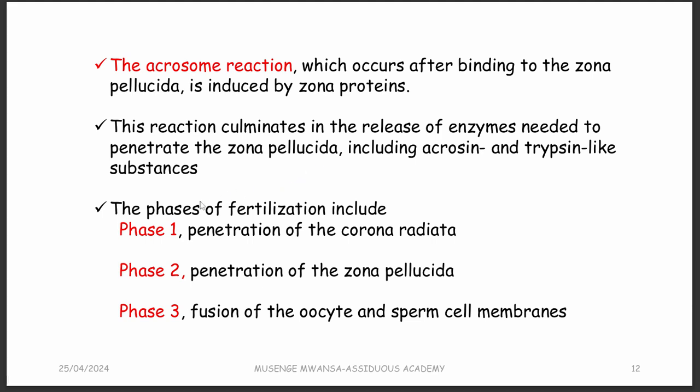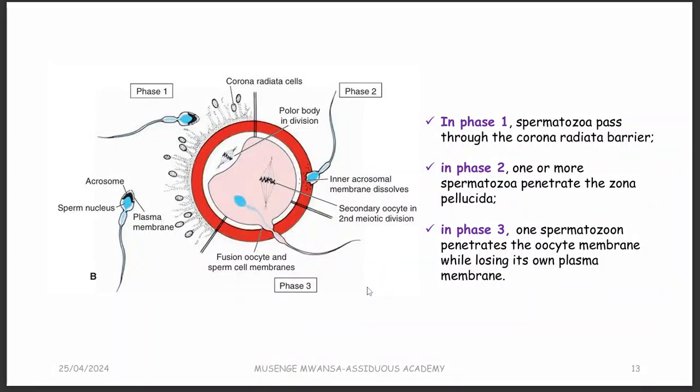Okay, so the phases here will include the phases that happen when the sperm has reached the egg: penetration of the corona radiata, then penetration of the zona pellucida, and then the sperm will be able to fuse with the oocyte after it has penetrated.